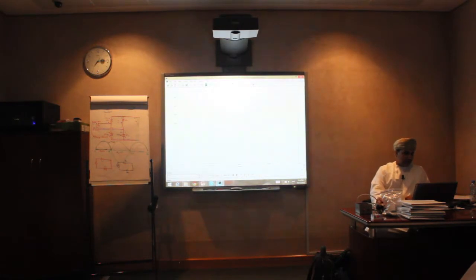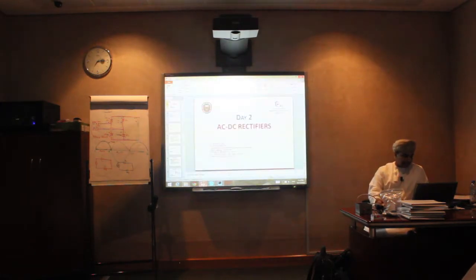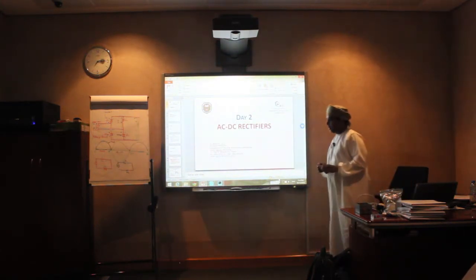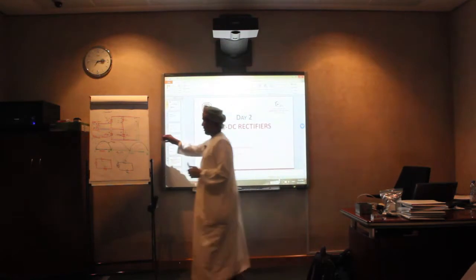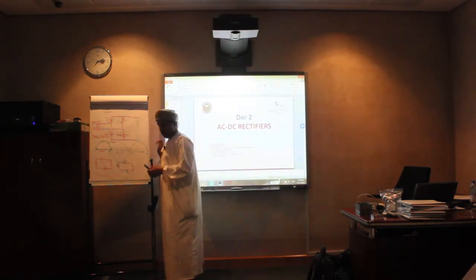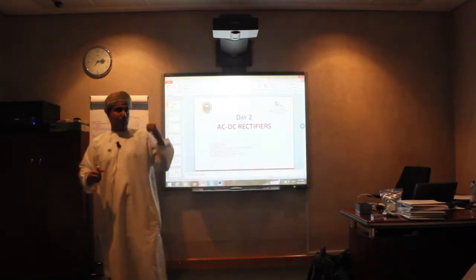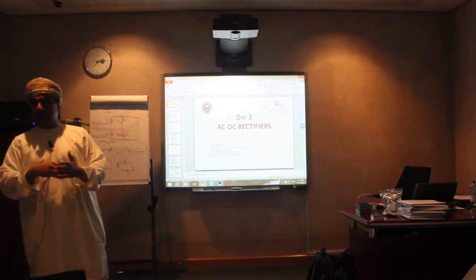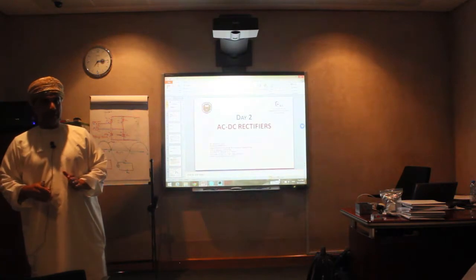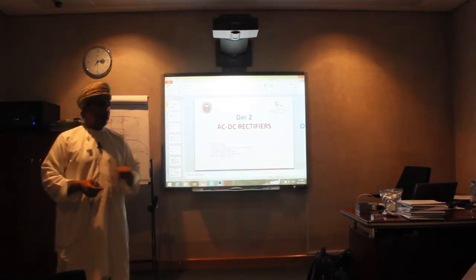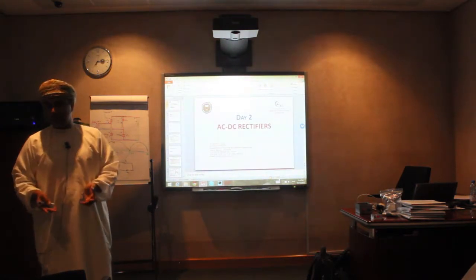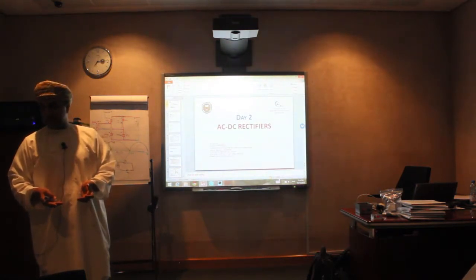So now let's go to the slides. If you remember, when we discussed that one, we said that the diode is uncontrolled: it cannot be controlled, and when the voltage is in forward bias it will conduct. But thyristors, for higher power applications, can be controlled and can be used for drive applications.